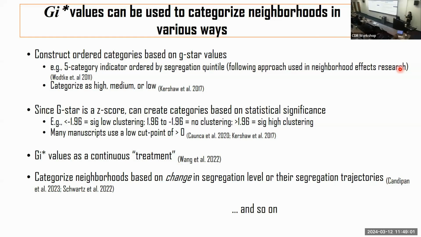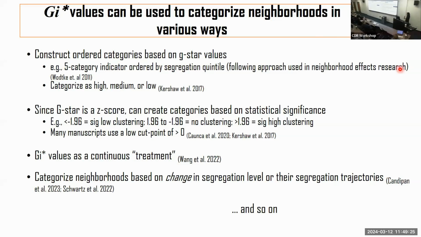This is because usually the focus is on concentration rather than underrepresentation. Another reason is there tend to be fewer census tracts with a z-score less than 1.96, so usually they'll just take everyone. Anything less than zero will be considered low segregation.